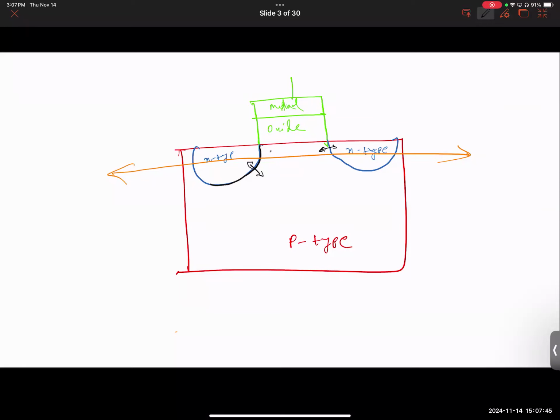Whatever you try to do, one or the other will restrict current flow. So you don't have any current flow, not even when you apply a positive voltage here and a negative voltage here. Nothing happens between these two terminals, the source and the drain, because there are two back-to-back diodes.